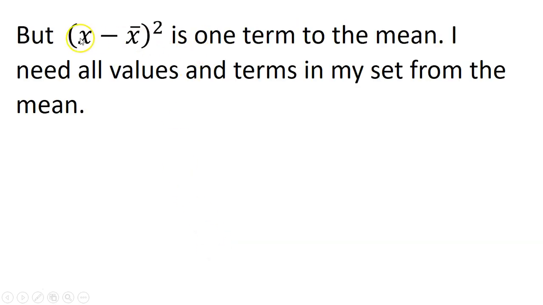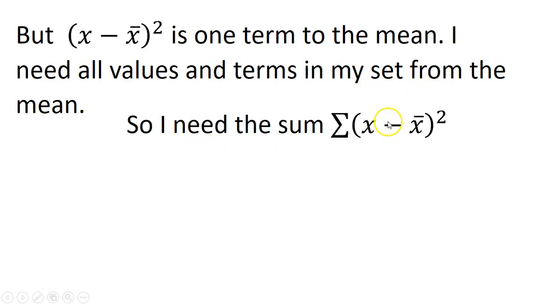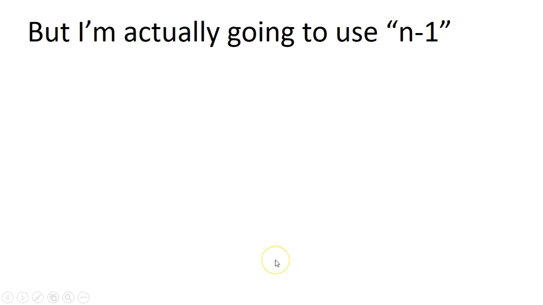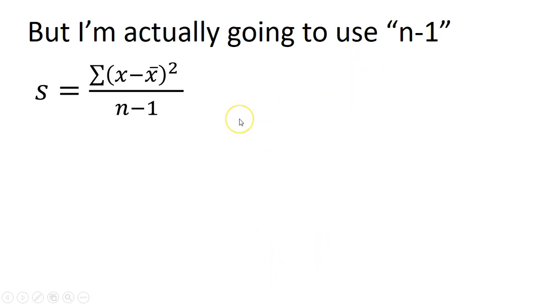But this is one term to the mean. All I need are the terms in my set from the mean, so I add up each individual one. I need the sum of all of those. And to find the average, I need to divide by the number of data in a sample. Sample size is n, population is a capital N, but I'm actually going to be using n minus 1 here, and we'll come back to that.